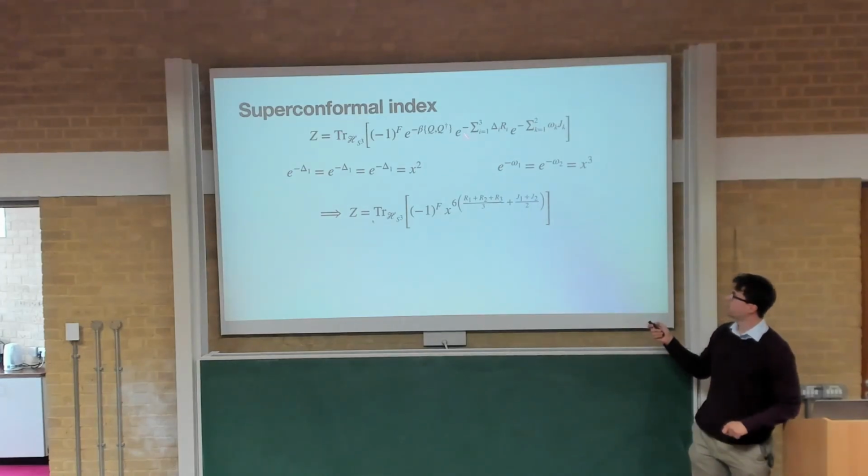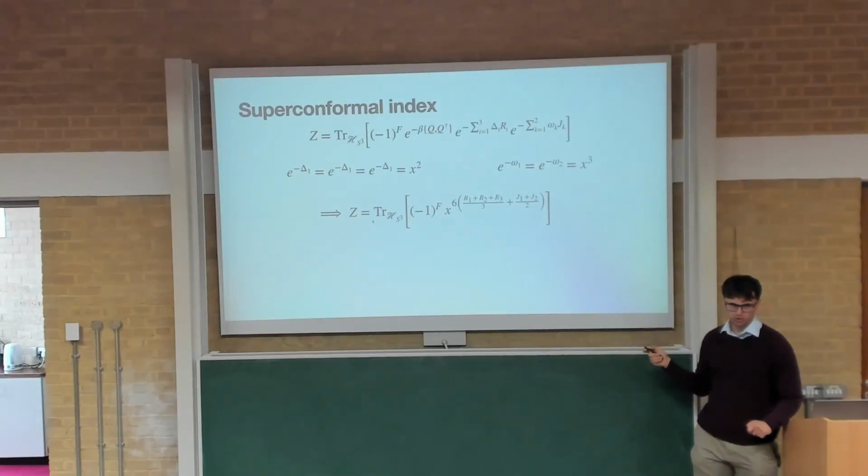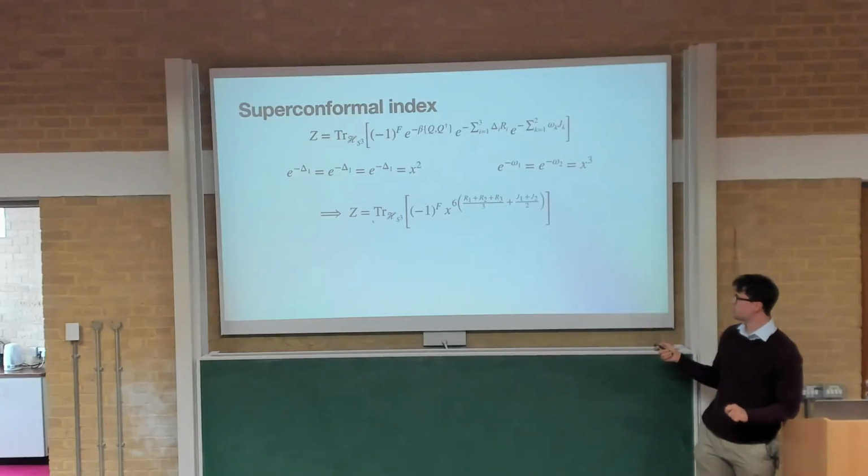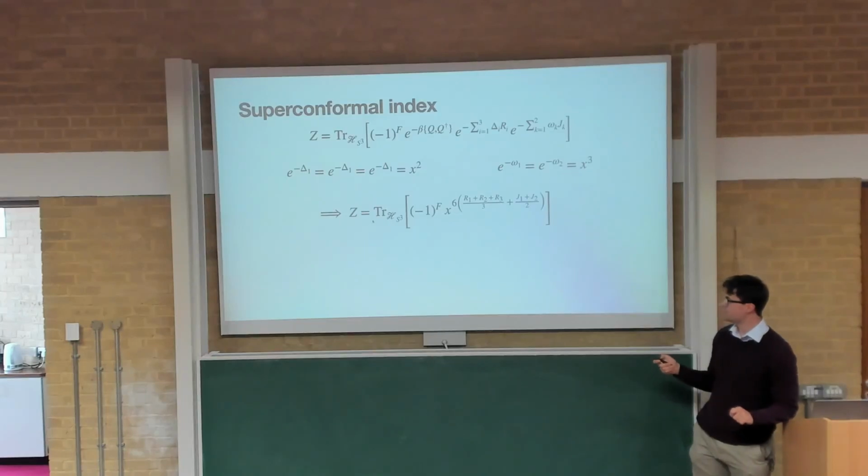Instead of having 5 independent chemical potentials, there's actually 4 because of a constraint, but we'll set this relation so that there's only one chemical potential that we vary. This is like a symmetric weighting of the R symmetry and the angular momentum. So it's about the simplest setup that we can imagine and have non-trivial chemical potential.